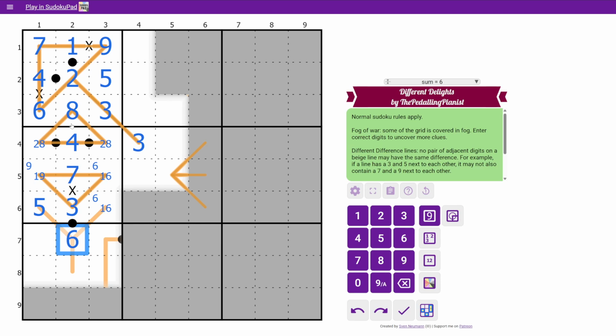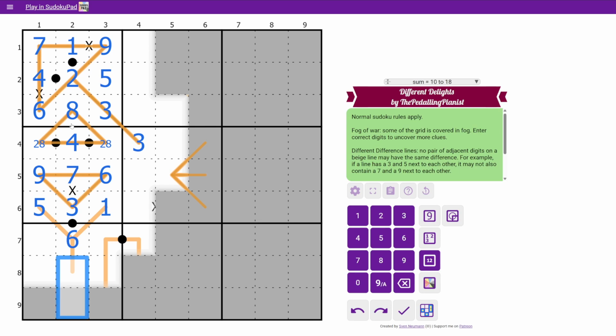This has had a difference of 1. Am I missing? Oh, this is 9 only now. So we've had a difference of 6 here, so we cannot have a 1 there. What's left here in this column is a 5 and a 9.